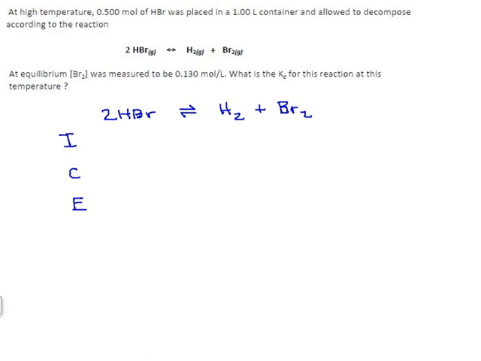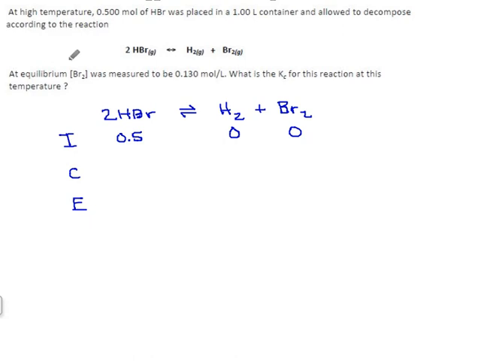And we've got 0.5 moles of HBr in a 1 liter container, so 0.5 divided by 1 is still 0.5. So they put HBr in the container, and apparently that's it. There was no hydrogen and no bromine when this started off. And then they just leave it and let it sit there for a few hours and let it decompose.